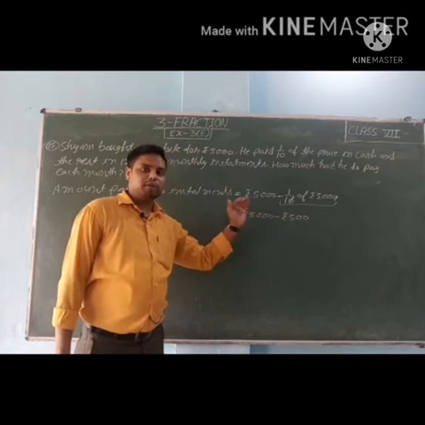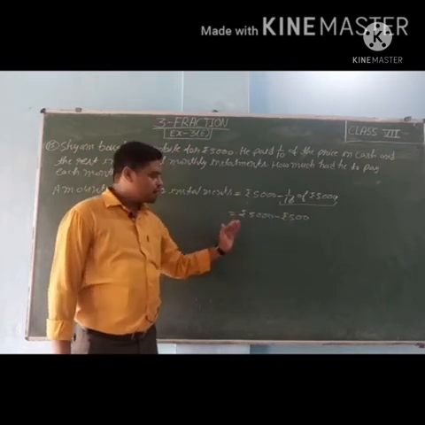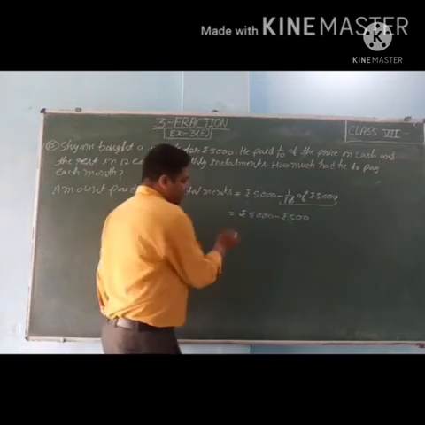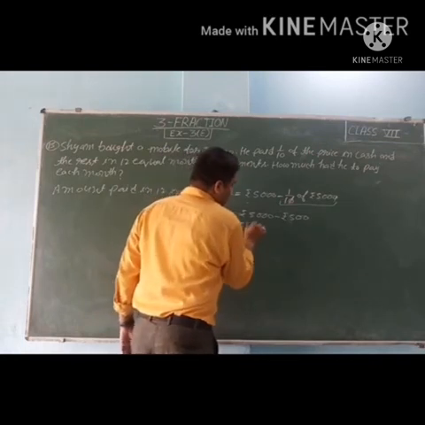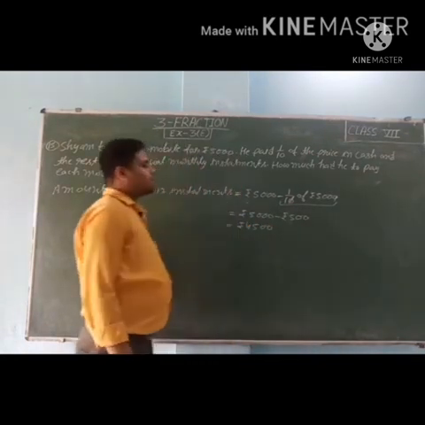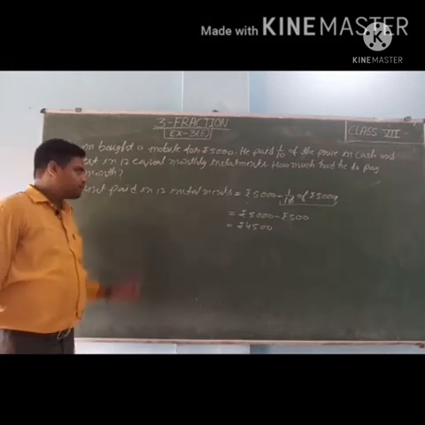It means amount still left to be paid in installment is 5,000 minus 500. So it is coming rupees 4,500. This amount is paid in 12 equal installments.